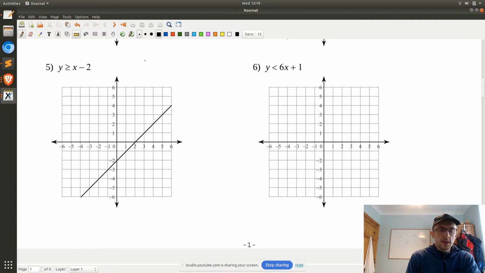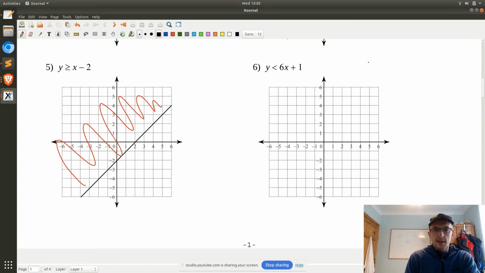And putting in 0 in the y and x spots, is 0 greater than or equal to -2? Yes. Therefore, the origin is included. Therefore, shade in this side.